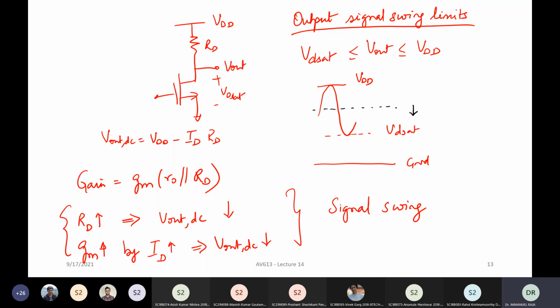If you increase GM by increasing current also, you're going to bring down your output DC voltage, right? Now you can increase GM by increasing the size and reducing your VGS and so on. So that is also possible, but then that also results in larger device sizes and more capacitance and so on. Okay. So you're kind of stuck as far as gain is concerned in this first circuit.